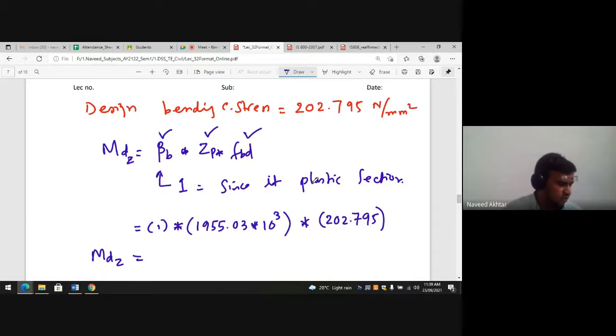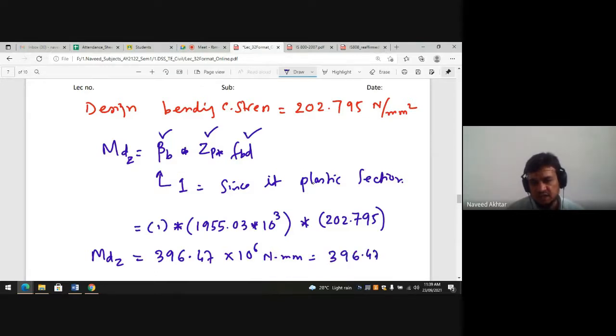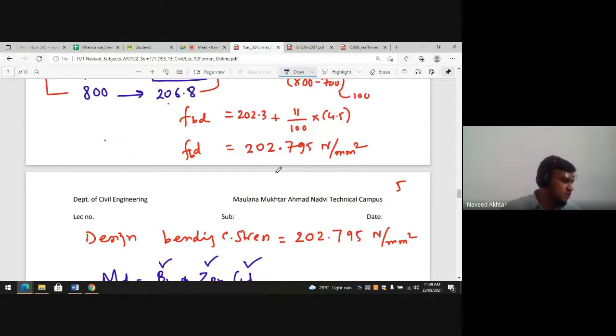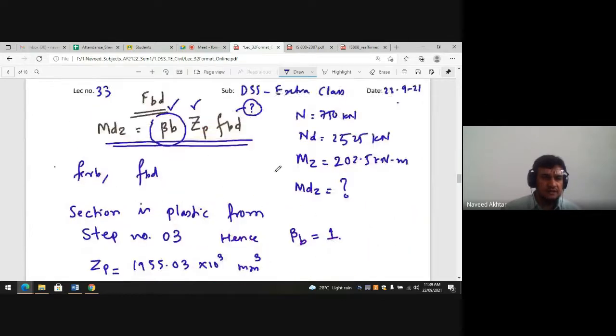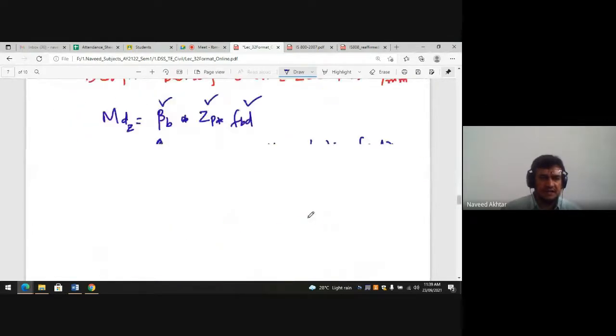We get MDZ is equal to 396.47 into 10 raised to 6 Newton mm, or if you write in kilonewton meter, it is 396.47 kilonewton meter. Now we will go for the next step.